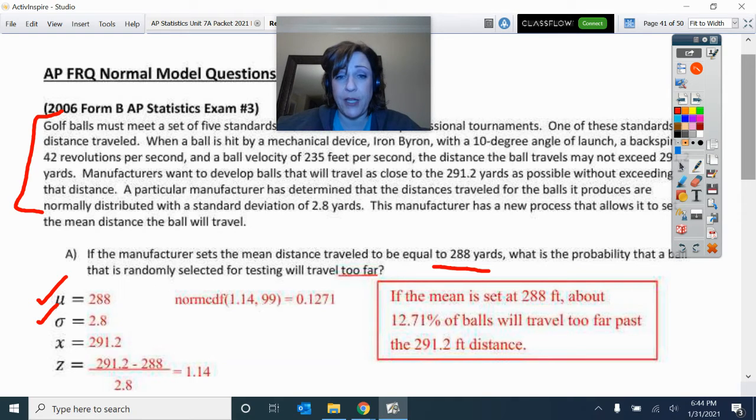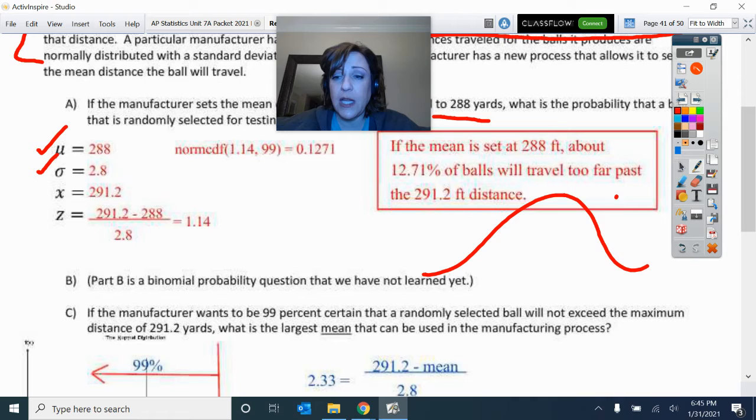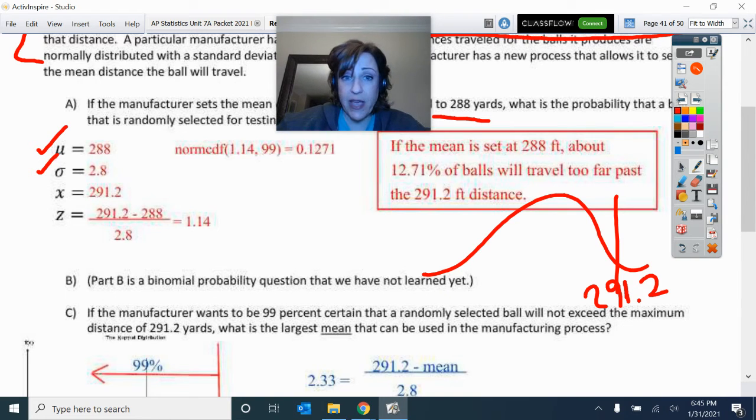Well, you had to read up here that this manufacturer wants it to go as close to 291.2 without exceeding that 291.2. So that 291.2 is that cutoff value that you do not want to go past. And so that's why it was the X value. And they asked what proportion of golf balls were in this section past 291.2.